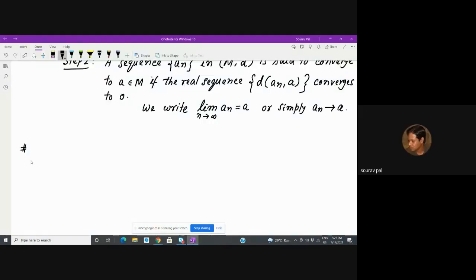Meaning, any two points which are distinct can be strongly separated by means of a pair of disjoint open sets. So if a sequence has a limit, then the limit is unique.